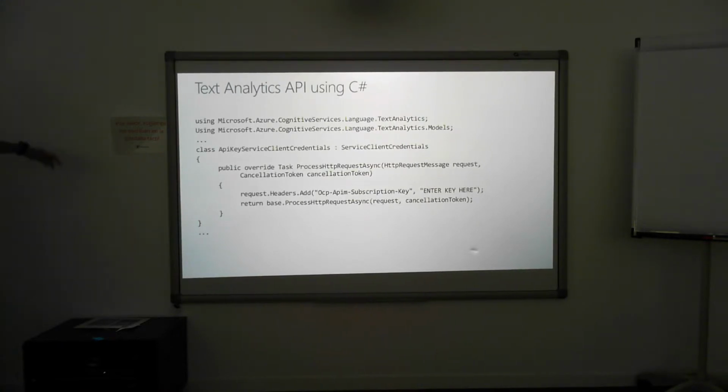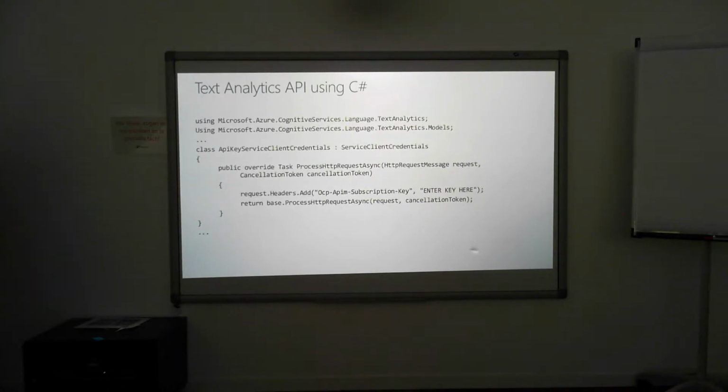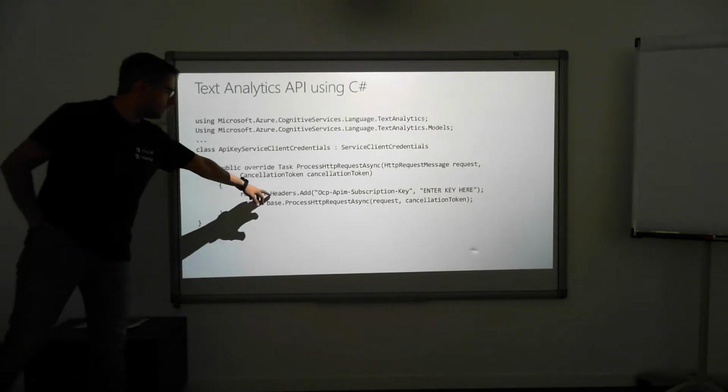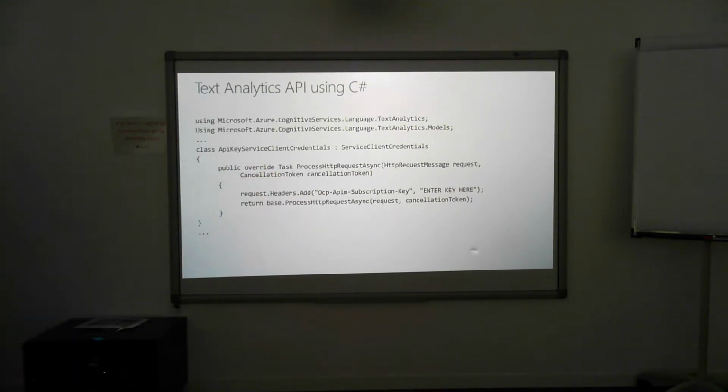So you have to add some usings in your code. This is a simple class whose intent is to add this header for authentication in the HTTP request. API key service client credential.